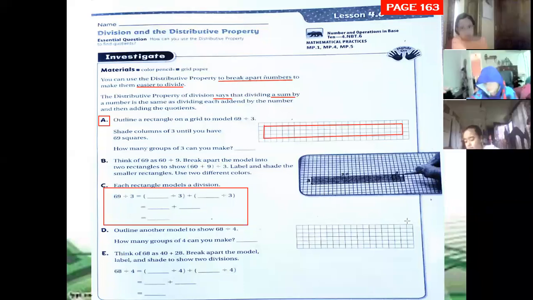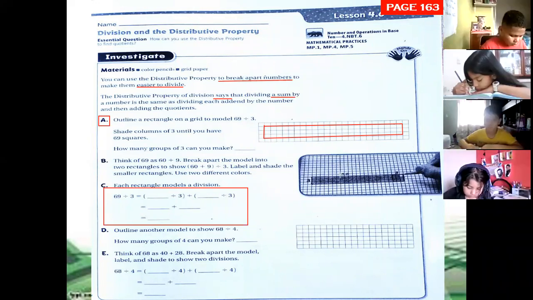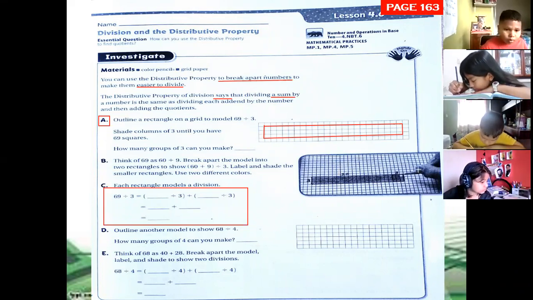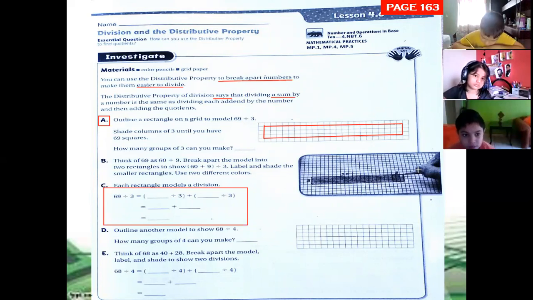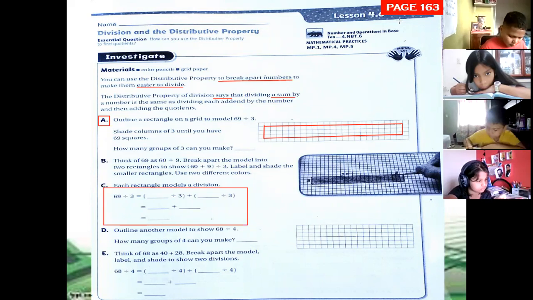Do the rectangle in your grid. I'm going to use this. Make the rectangle with the pencil.